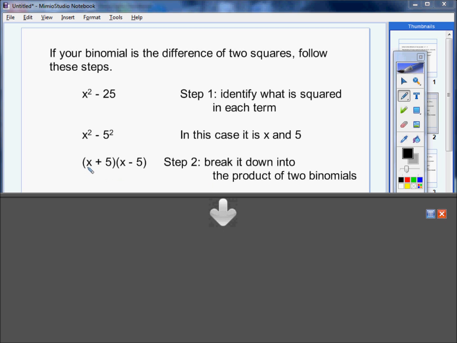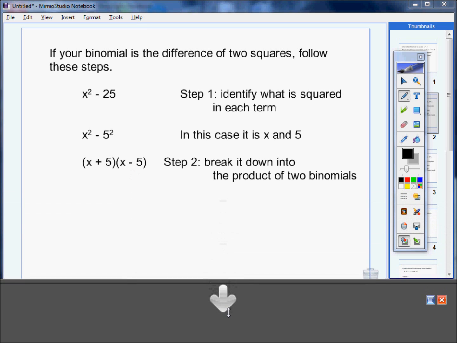The first thing that's squared goes in the beginning, the second thing that's squared goes in the end, and you put in a plus and a minus. It's a very simple thing. You find out what is squared, you put them on both ends of a binomial, and make a plus and a minus.